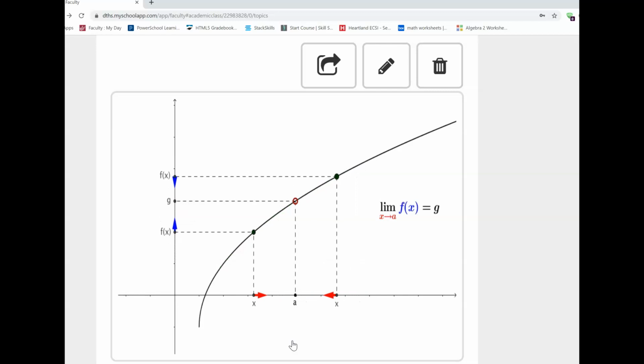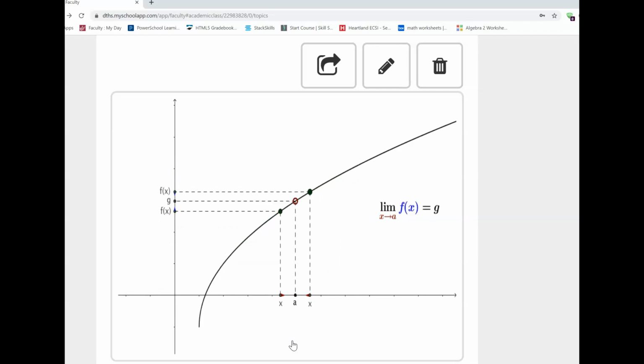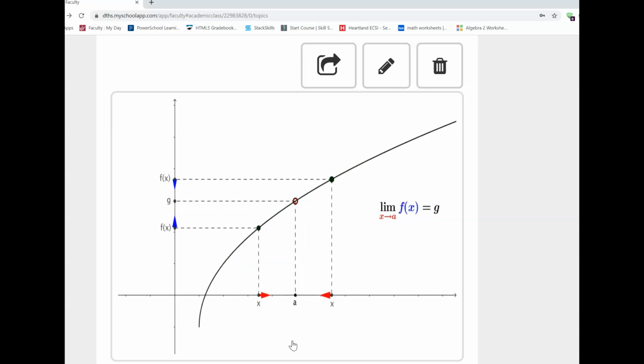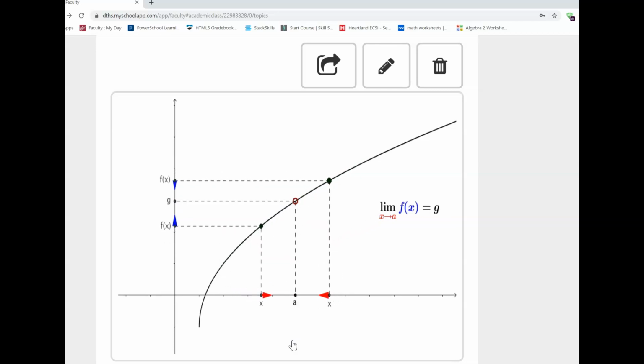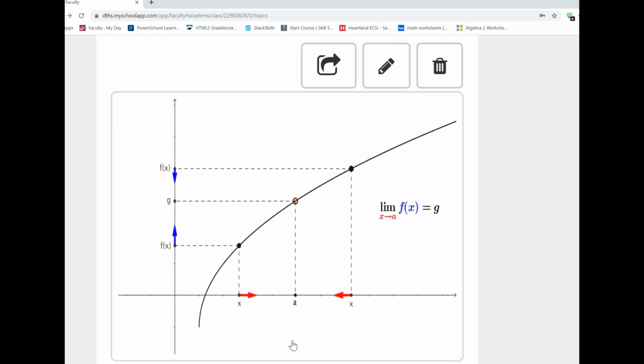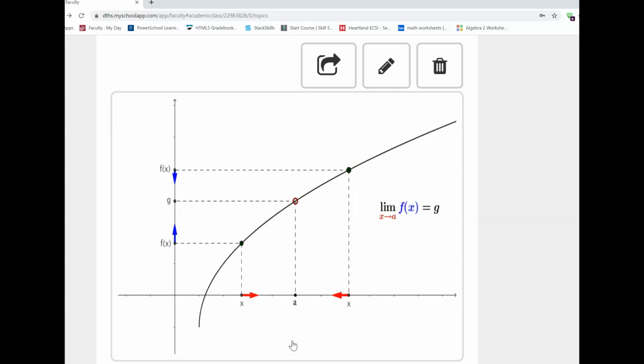Then the absolute value of the function minus L is less than this little epsilon amount. What this means is, as I approach from both sides, I'm squeezing in on a single value. So the limit of my function as x approaches A, or in our definition as x approaches C, equals L.